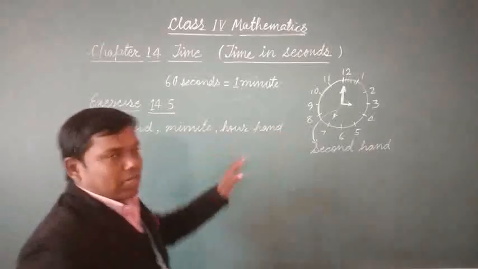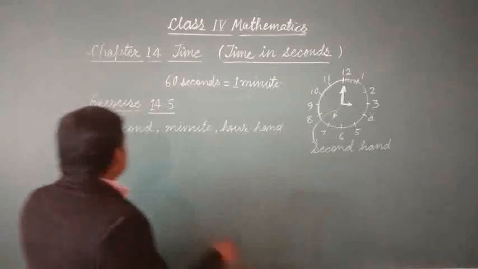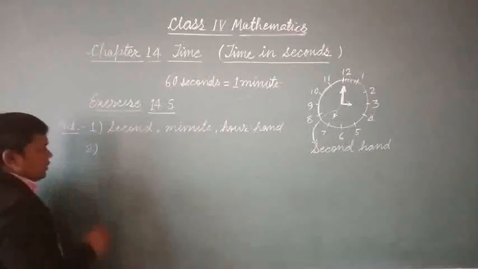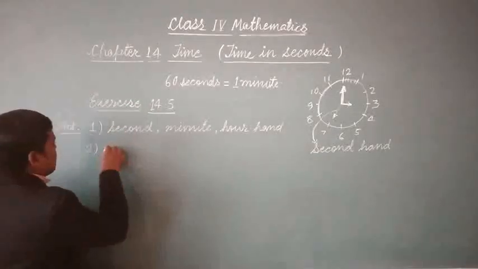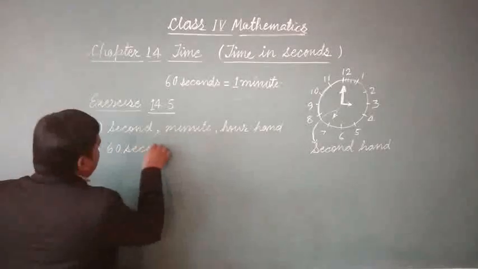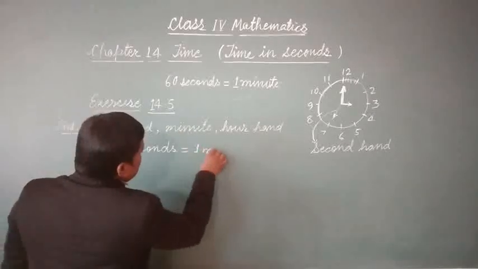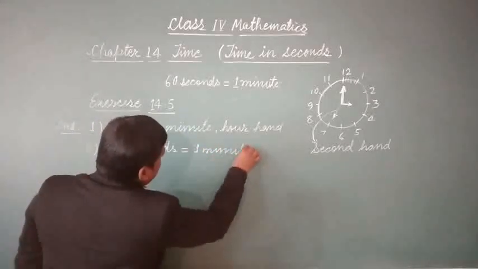Second, minute and hour hand are the three hands of a clock. And the answer for 2 is 60 seconds is equal to 1 minute.